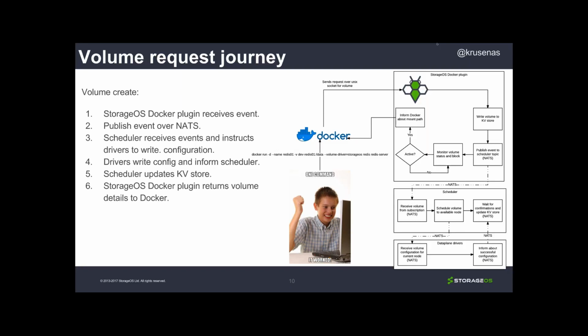So the first thing that happens is we write the initial volume configuration to the key-value store, and then publish an event on NATS that the scheduler will pick up. Once the scheduler picks up that new volume request, it schedules a volume on an available node. If it's possible, it will schedule on the same node where the Docker container requested a volume, so you can get the same performance as you would from a local machine, which is great.